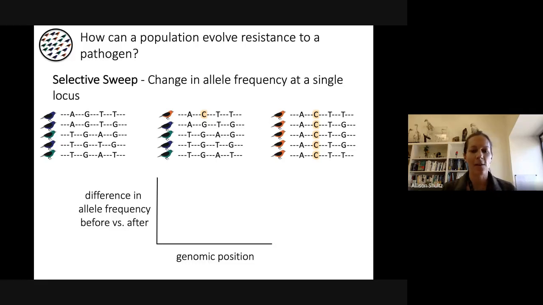And so what would that look like if we were comparing the genomes in different time periods? If we were looking at how allele frequencies might change, we would see some amount of variation and then probably a big spike if that occurred at one location in the genome, or maybe a couple if it occurred at several different locations in the genome.